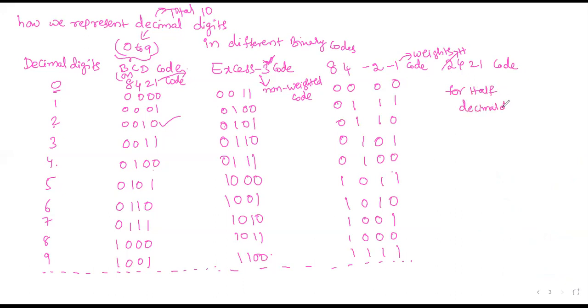We have 10 decimal digits, 0 to 9. So for 0 to 4, this first weight is 0. For the remaining, 5 to 9, it is 1.